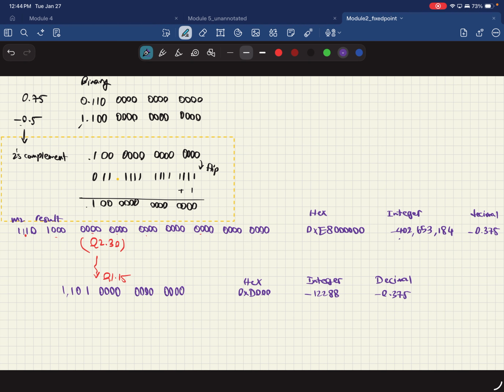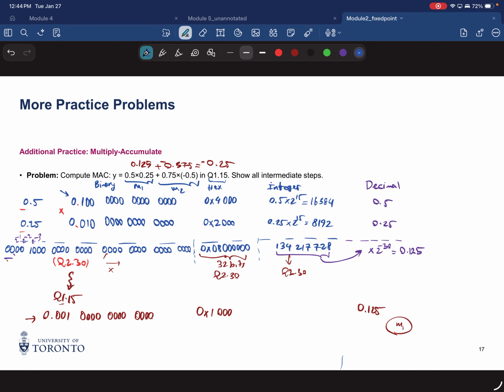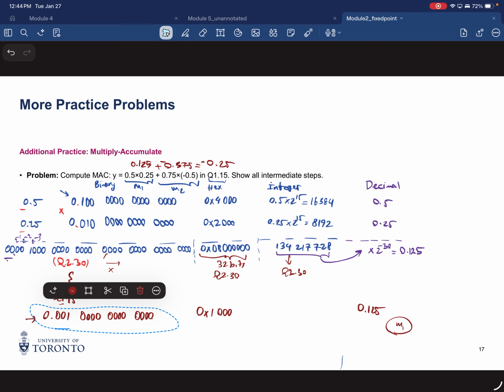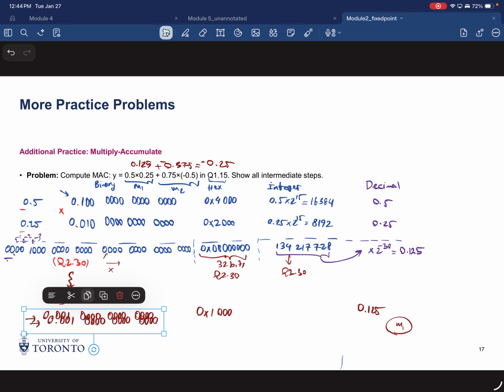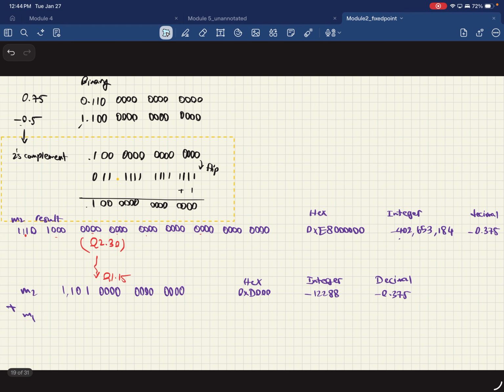Okay, so this is our M2 result, and then we need to add it to our M1 result. Let's bring M1 from here. This is our M1 result.